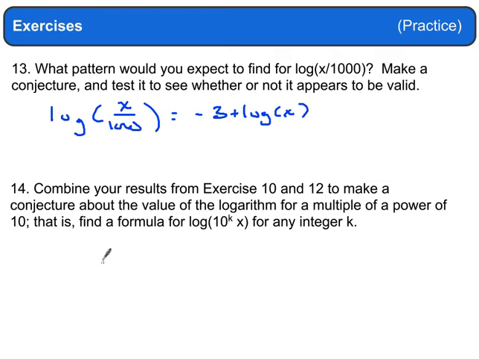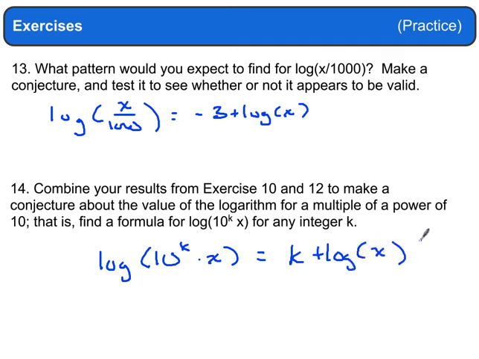And so we end up with the same rule that we just talked about. If we had log of 10 to the k times x, that is still equal to k plus the log of x in that perspective. So there are two examples.